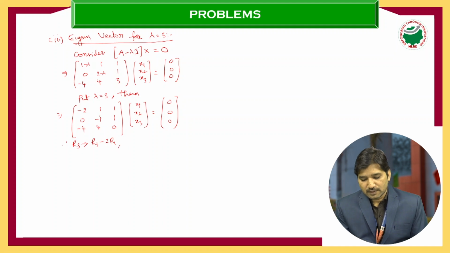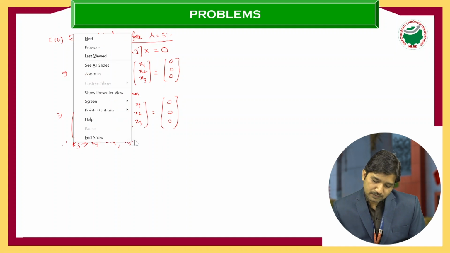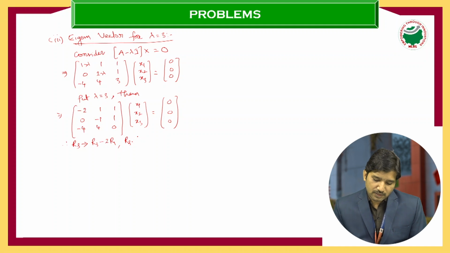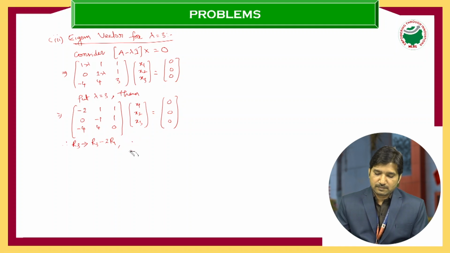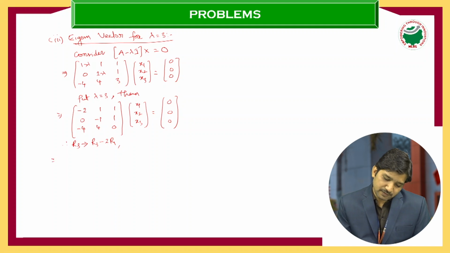First of all we apply this one only. The matrix rows are minus 2, 1, 1 and 0, minus 1, 1.